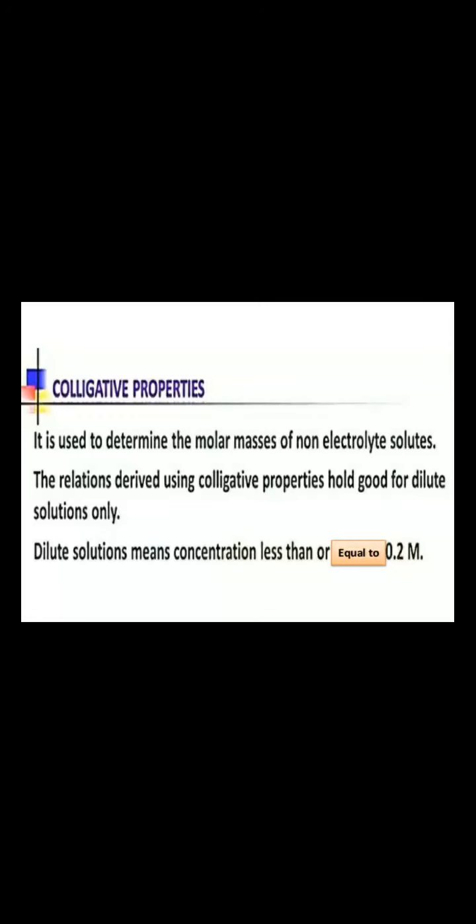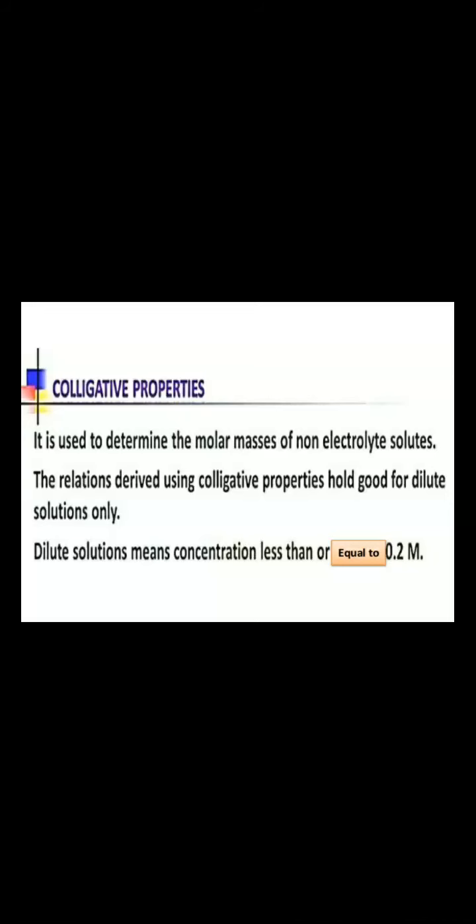Colligative property holds good for non-electrolytes, that is, substances that do not undergo dissociation after forming a solution, and for dilute solutions having concentration less than or equal to 0.2 molar.